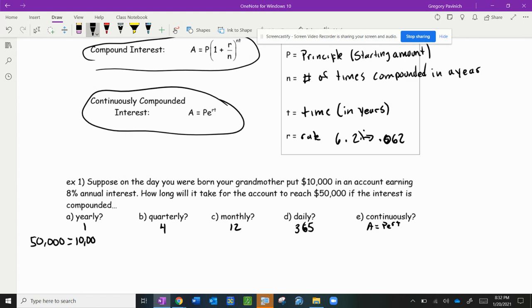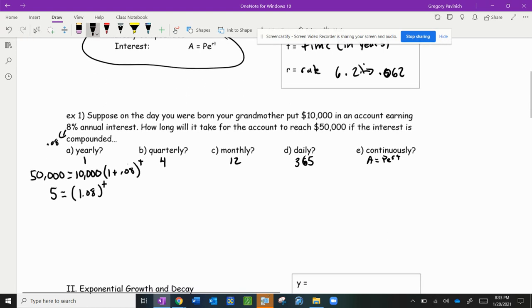I initially put in 10,000, and I have 1 plus my rate, which is 0.08, divided by 1, so I'm not going to worry about that. I want to know my T. So I divide 50,000 by 10,000 and get 5. Remember, it's just asking when this is going to be 5 times the amount. And now I'm going to do my log.